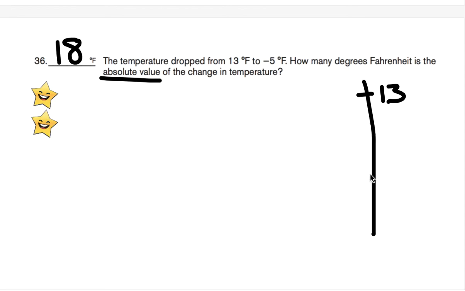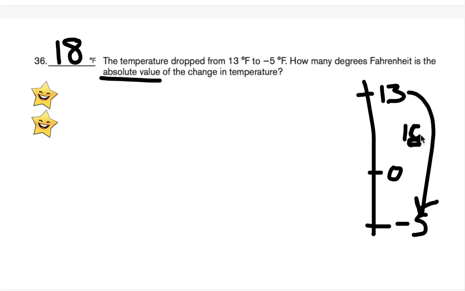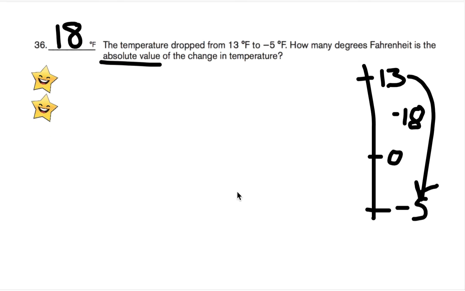And then to get down to 0, it went down 13 degrees, right? And then it went down another 5 degrees to get to negative 5. So the total distance here from 13 to negative 5 is 18. It's going down 18, so negative 18, but it just wants the absolute value of the change. So that's just positive 18.